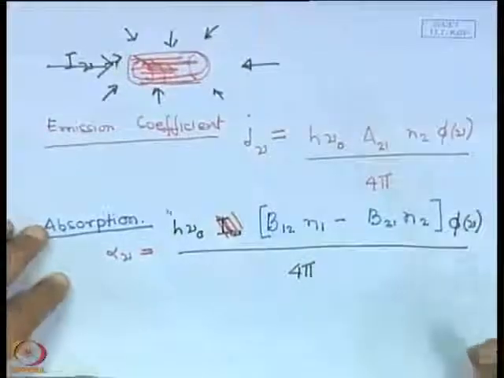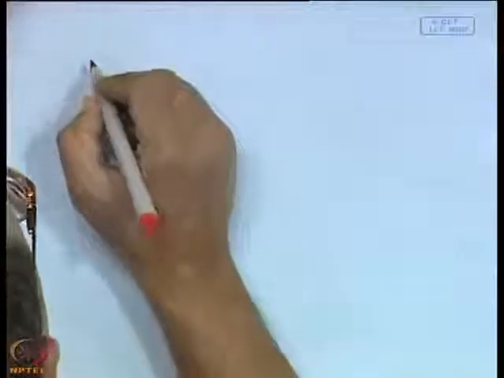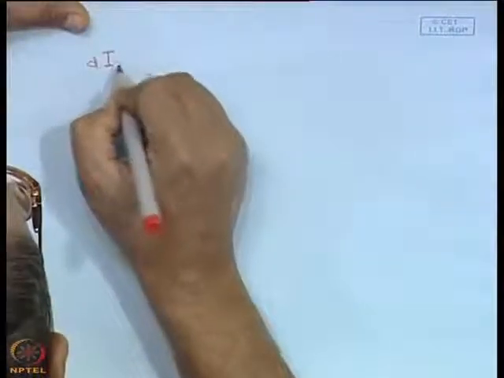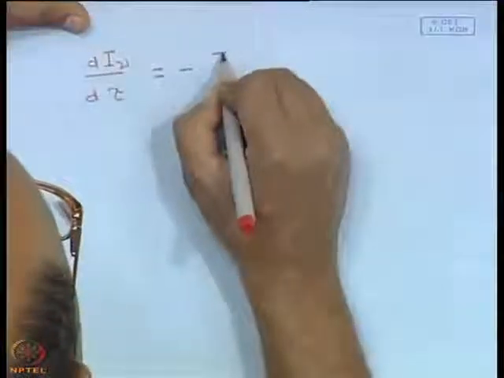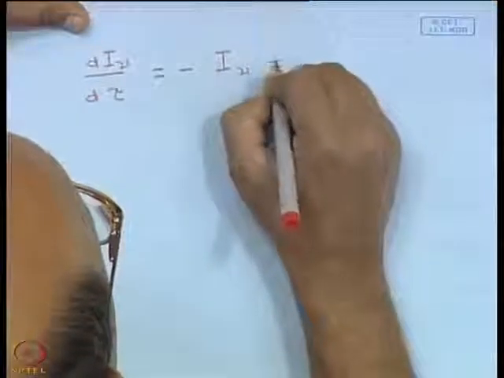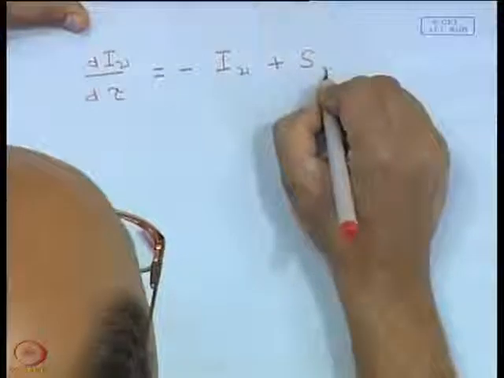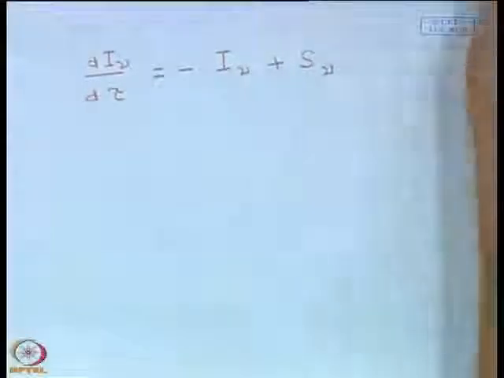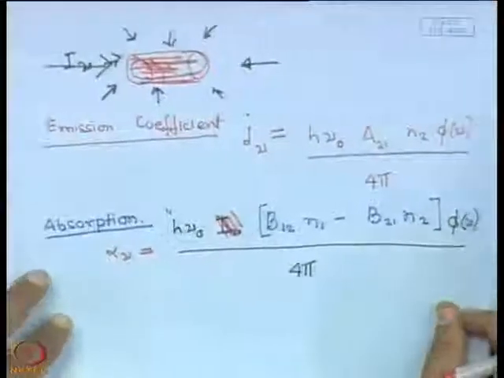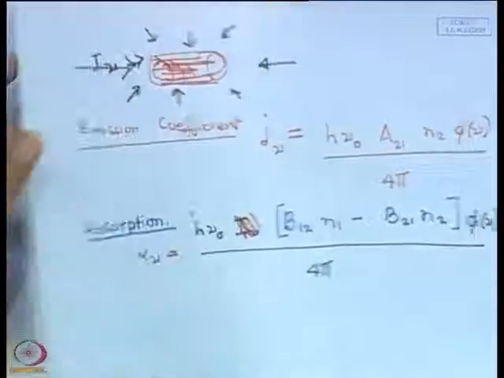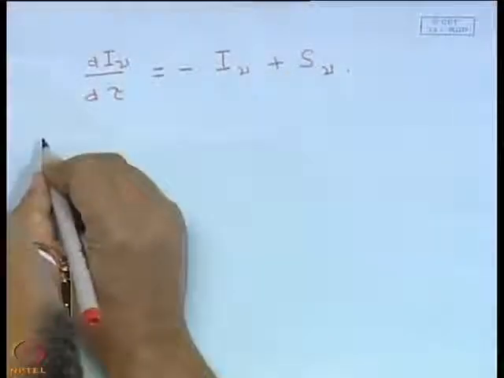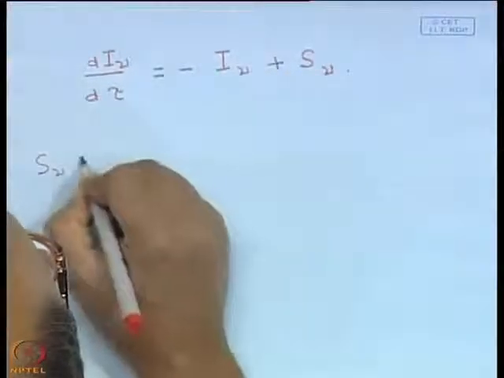In general, the radiative transfer equation is d I nu by d tau is equal to minus I nu plus S nu, where S nu is the source function, and tau is the length into the absorption coefficient which we have already calculated. The thing that remains to be calculated is this source function, which let us look at next for this two level system.